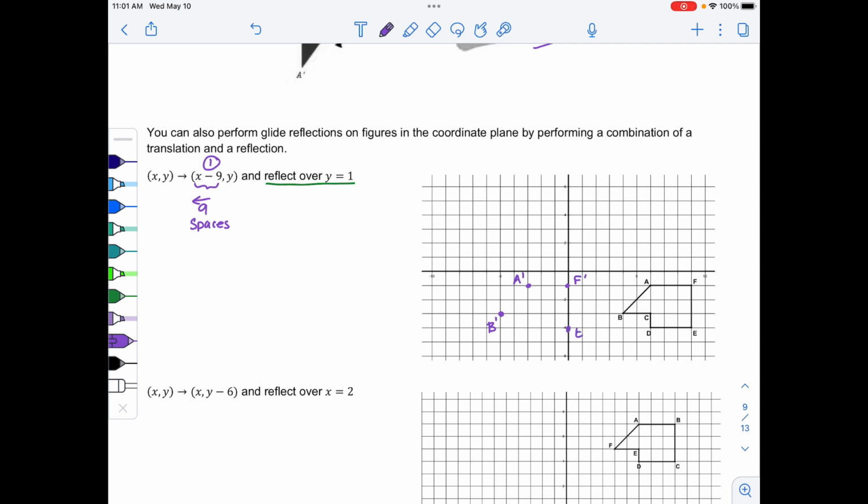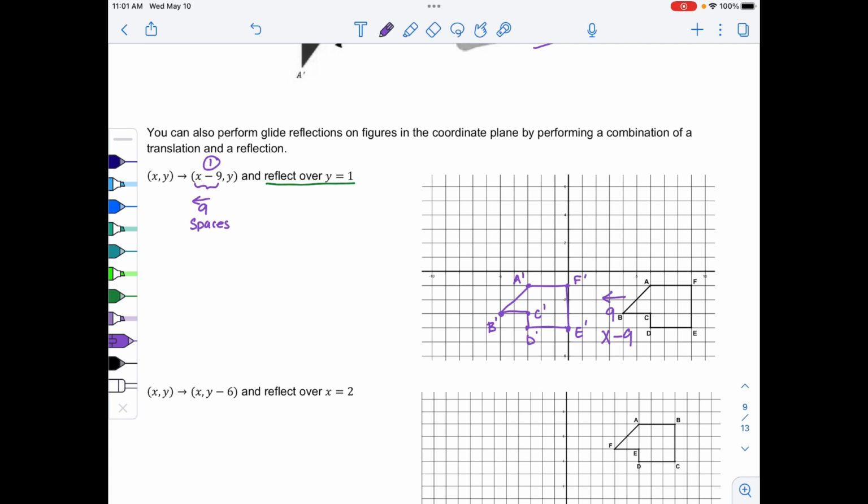Here's E prime. 1, 2, 3. So here's D prime. Here's C prime right here. And you're going to want to make sure that you connect the dots so that you can see that your entire shape has had the glide part of the glide reflection. So there you go. This whole entire thing went this way 9 spaces because of the x minus 9.